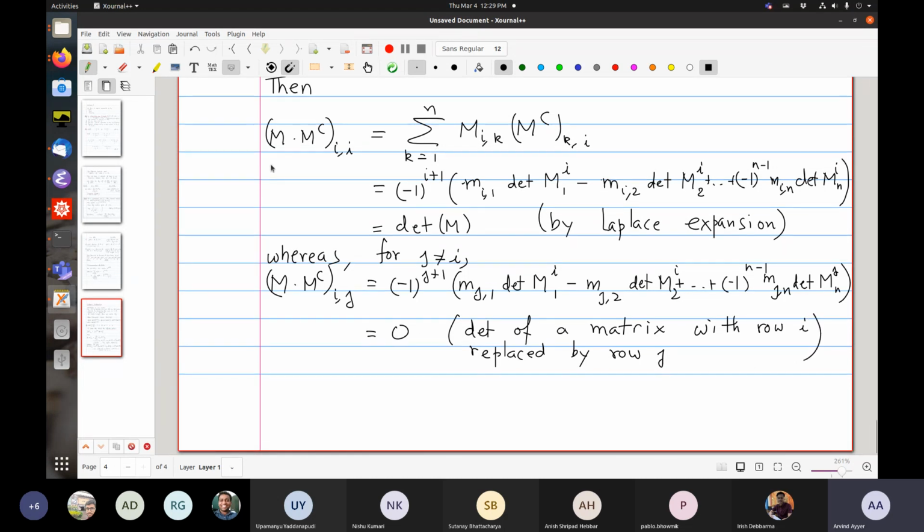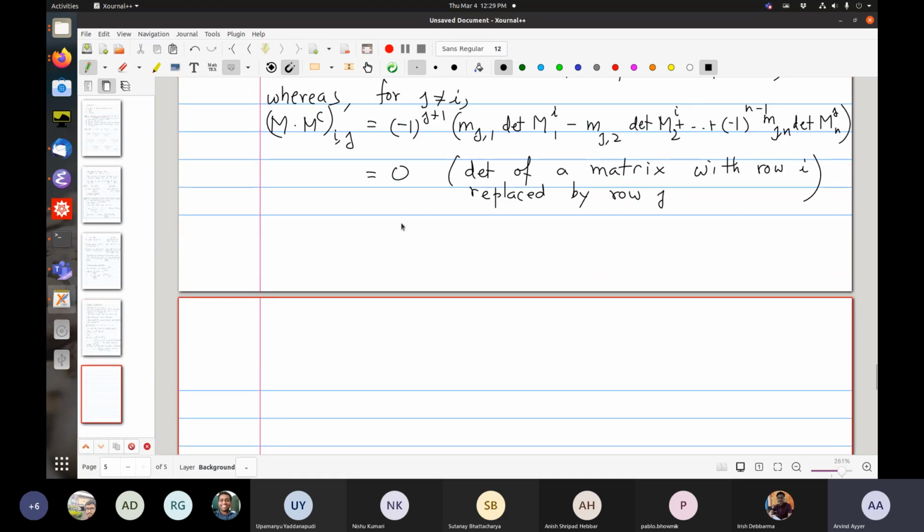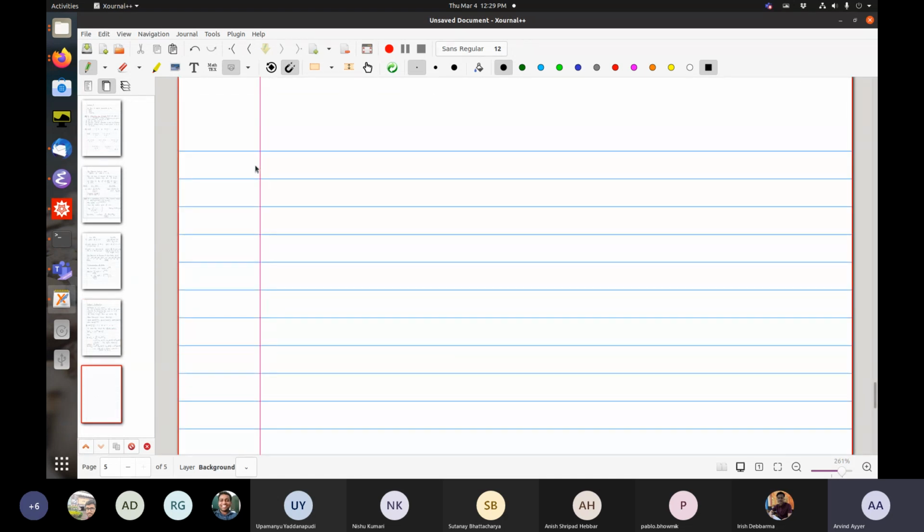Okay. So what this says is that m dot mc is a diagonal matrix with determinant m on the diagonal. So it's basically determinant m times the identity. Right?